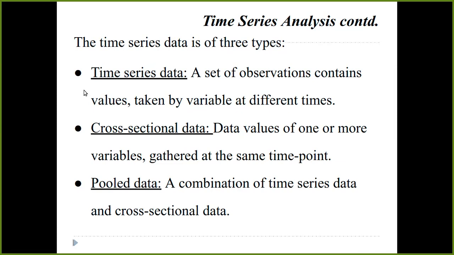How much my cell phone sales have increased, or I might be relating that to another variable, just like textbook sales or newspaper sales or a TV or other materials. That is, if I study another variable along with one variable at the same time, then that will be called cross-sectional data.